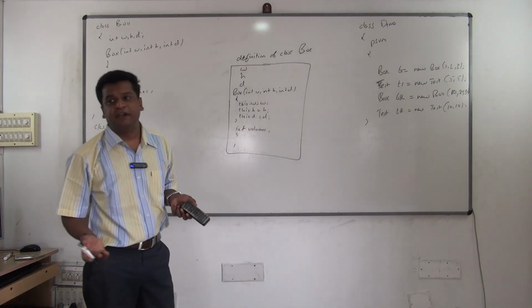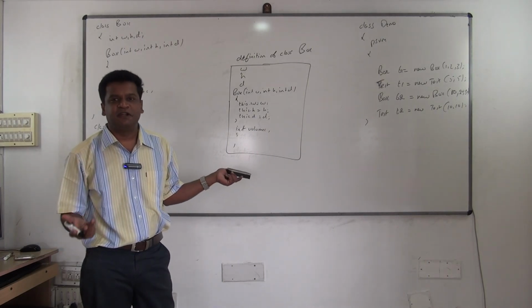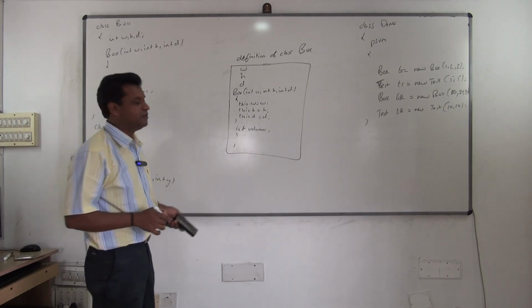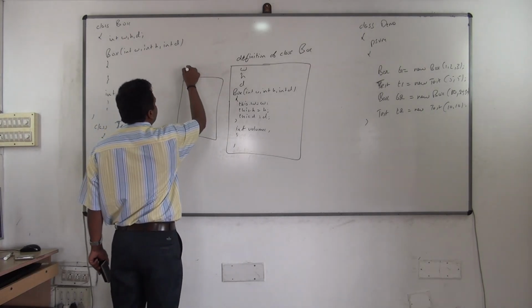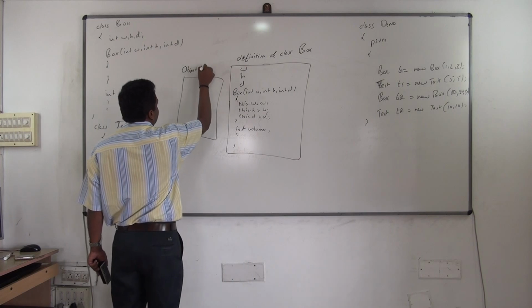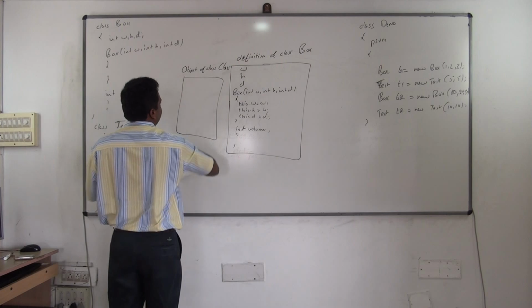See, objects have to be created, but how should the object be created? It needs the definition. JVM needs the definition, so it will load it. And this is the definition. So as soon as this is loaded, an object of class gets created.